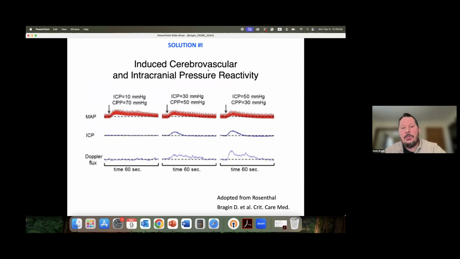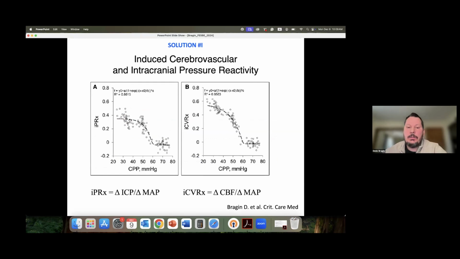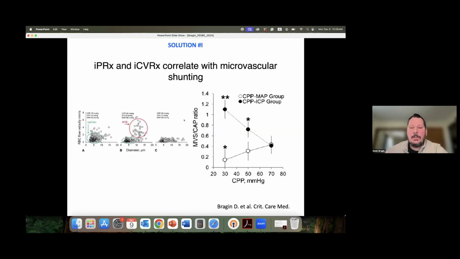We use induced cerebrovascular and intracranial pressure reactivity index, where we increased arterial pressure by a small pulse, which was adopted from Dr. Rosenthal's method, and we showed that in that case we can predict the occurrence of microvascular shunts.